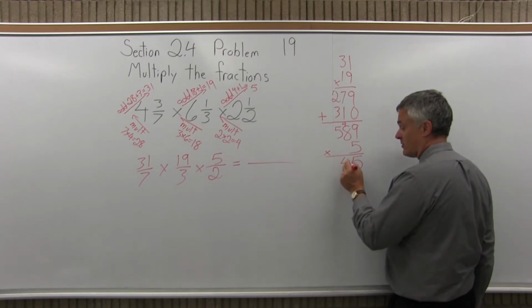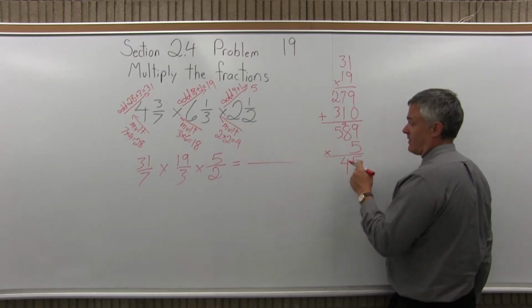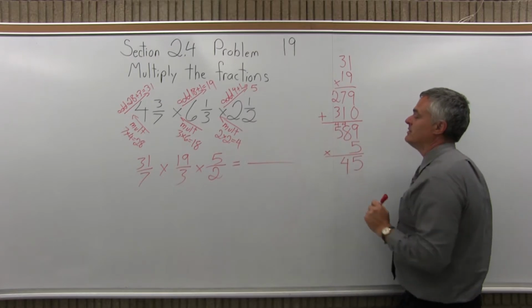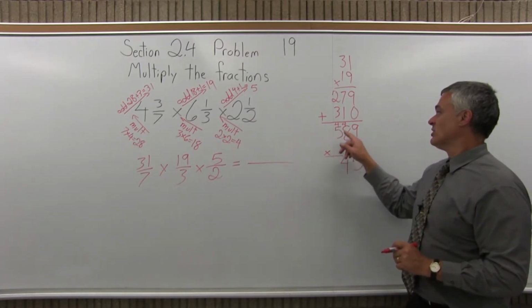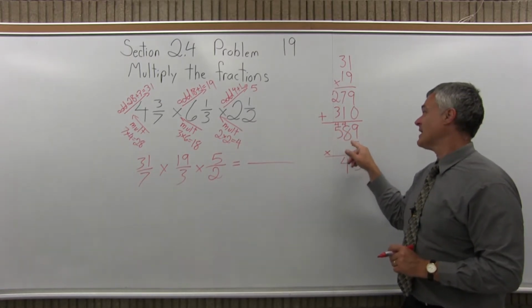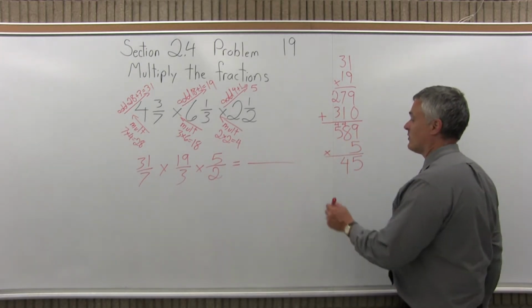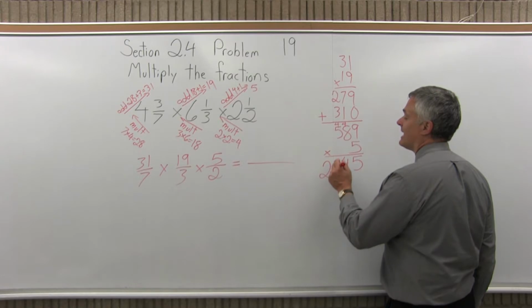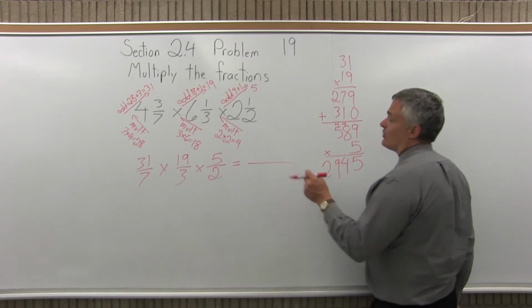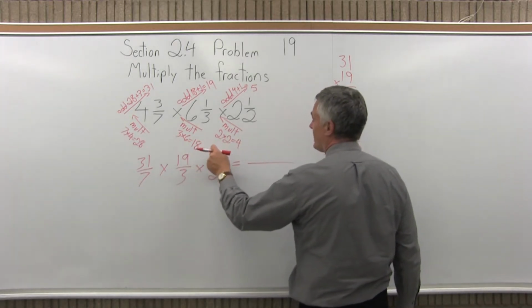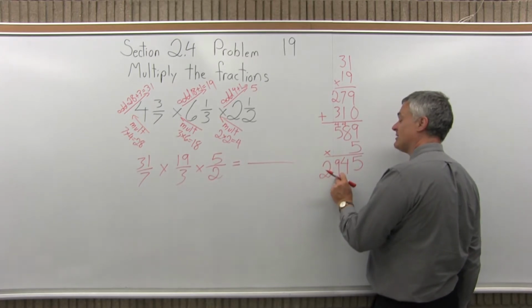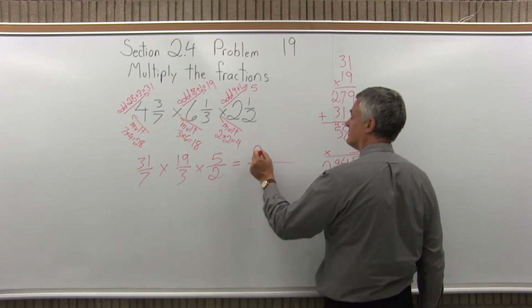So I write the 4 from the 44, the right 4. Carry the left one in the tens position to the top of the next column. Now, 5 times 5 is 25, plus the 4 more that I carried. 25 and 4 more is 29. So now, 31 times 19 times 5 gives me a result of 2,945.